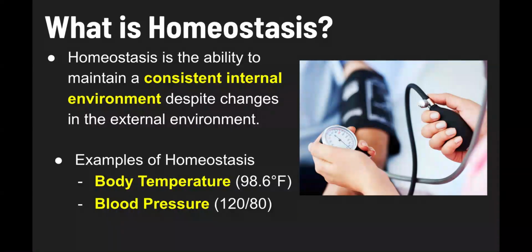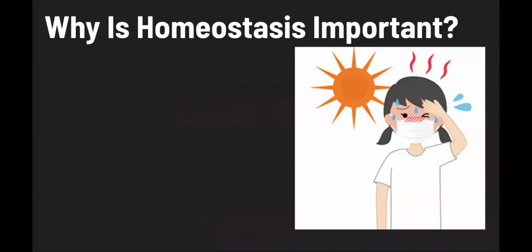It's supposed to be 120/80, or pretty close to that. That's another consistent internal environment. Also, your heart rate, somewhere between 68 to 75 beats per minute, is supposed to be a consistent internal environment. Okay, so all of these are examples of homeostasis.